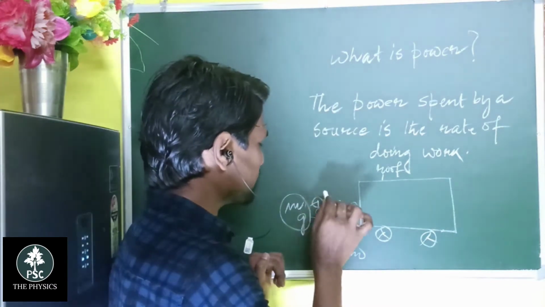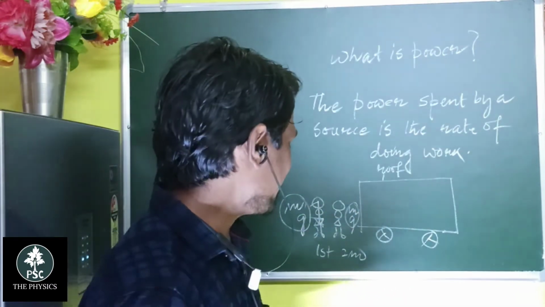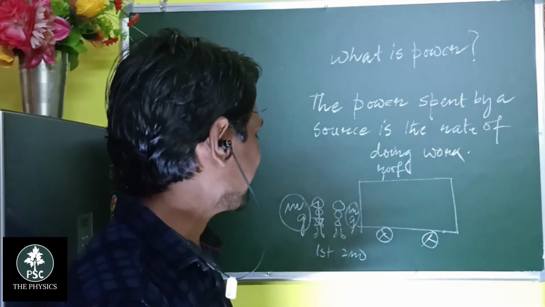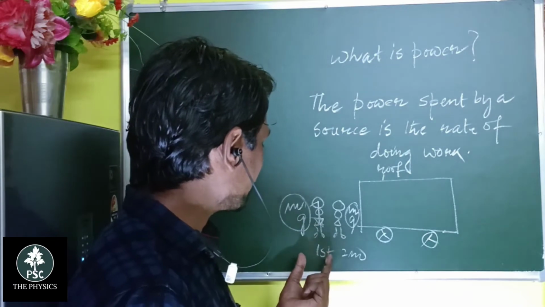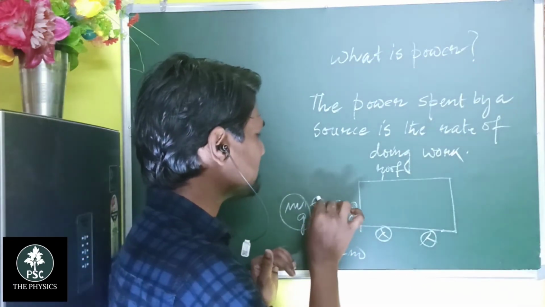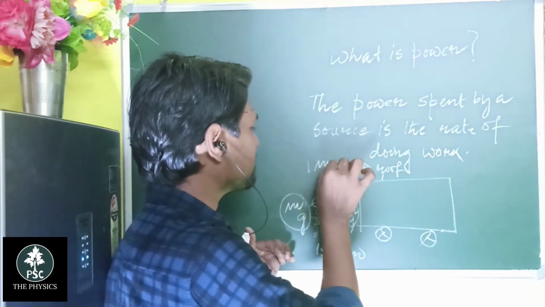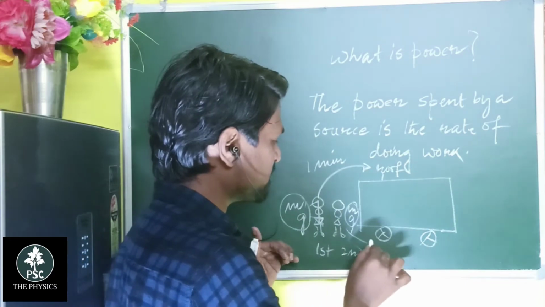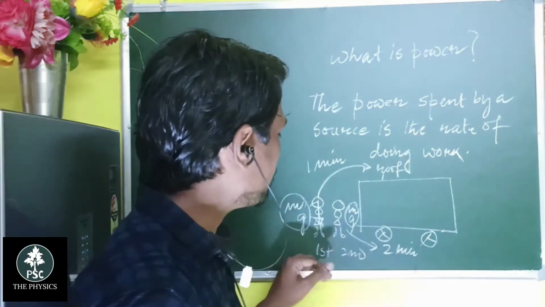Pulley number 1 takes 1 minute for doing this work, and pulley number 2 takes 2 minutes to lift this particular load.